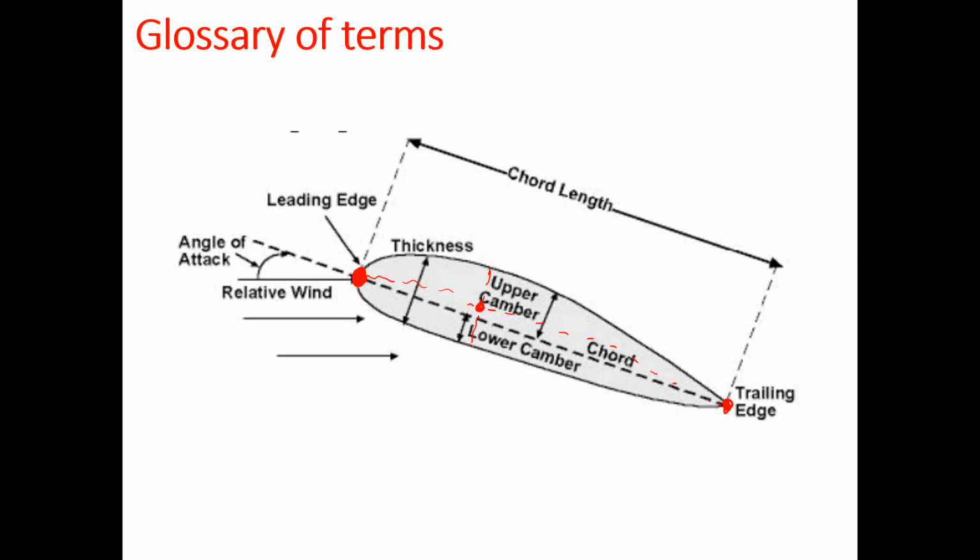And camber is a very important property in airfoil design. The upper parts of the airfoil are called the upper camber, the lower parts are called the lower camber, and the angle of attack is the angle the airfoil makes with the upcoming air.